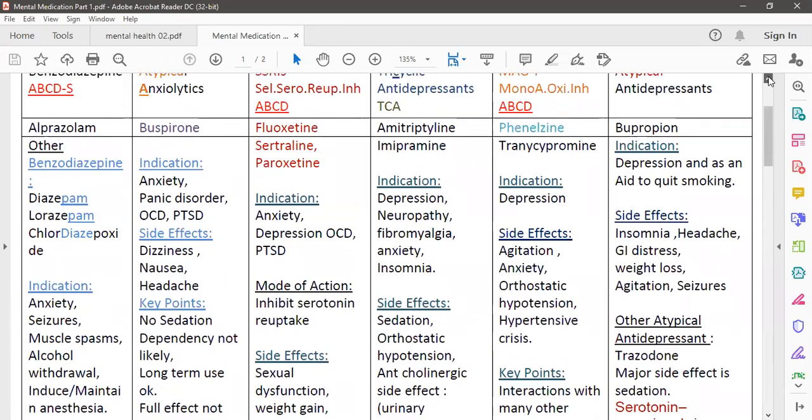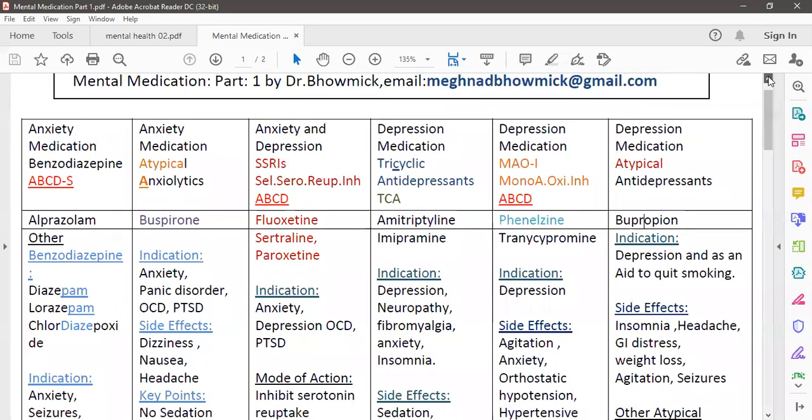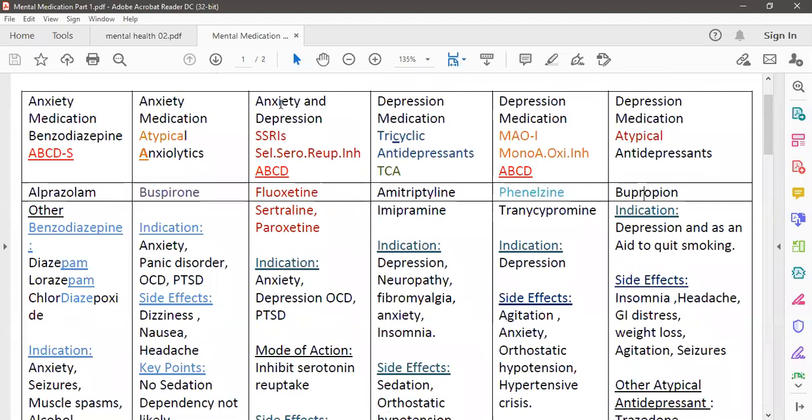So let's go on to explain another medication we use for anxiety and depression together, right? This medication is called SSRI. SSRI means selective serotonin reuptake inhibitor.